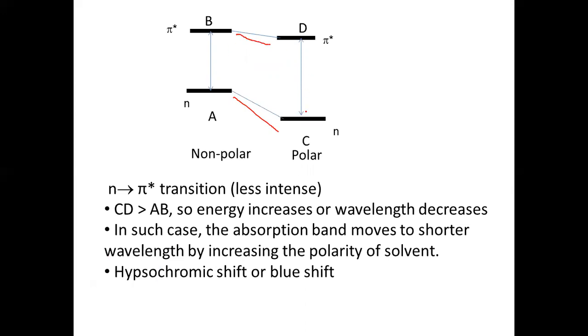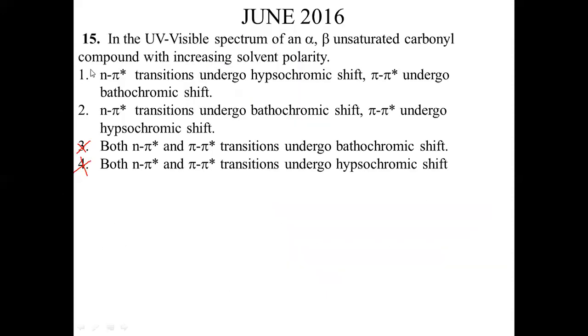As a result, the energy difference between C and D is greater than between A and B. You know E is equal to h nu, or E is equal to hc by lambda. If energy is greater, then wavelength has to be lesser, so you expect a blue or hypsochromic shift. So which one is your correct answer? Option 1 is correct. Option 2 is wrong.